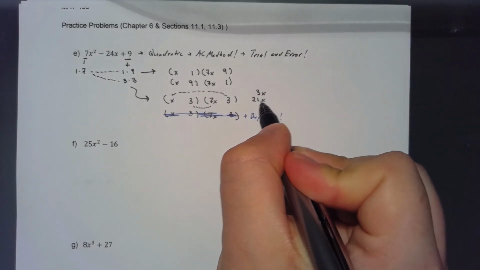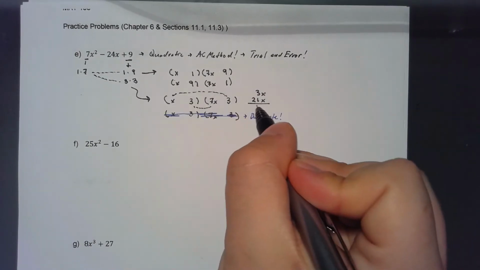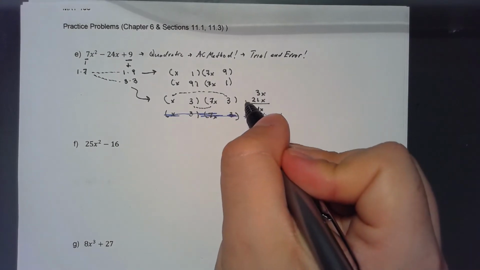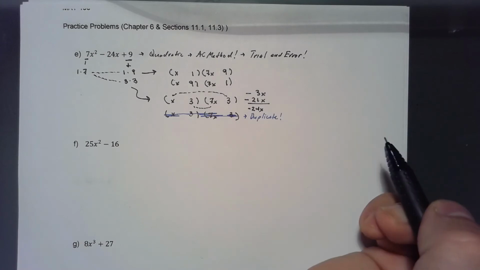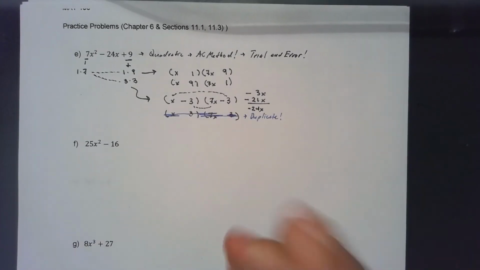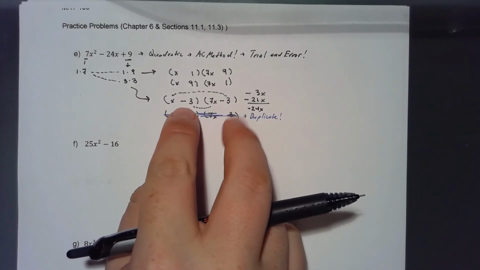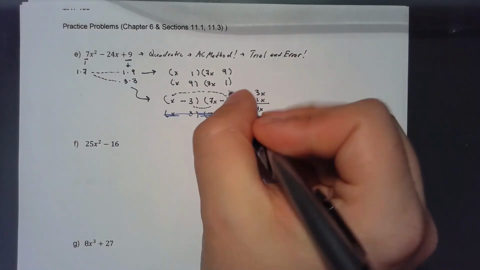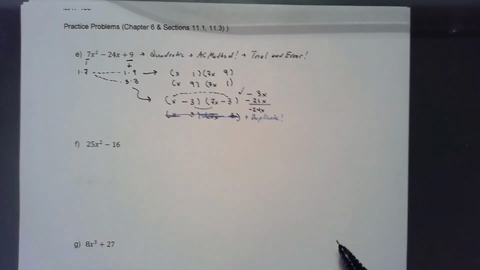Hey, that looks nice. That'll give me negative 24x, and that only works if both of them are negative. Then the final thing I need to check is if negative 3 times negative 3 is positive 9. It is. Good, that's beautiful.